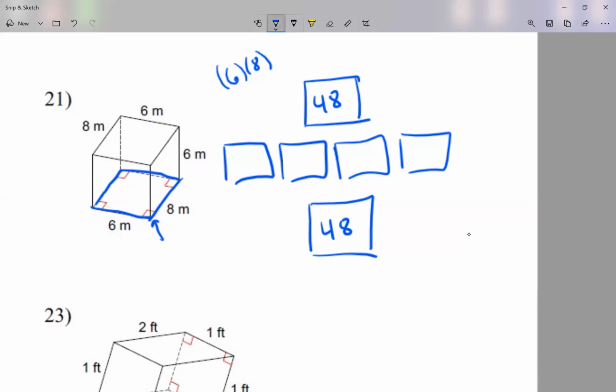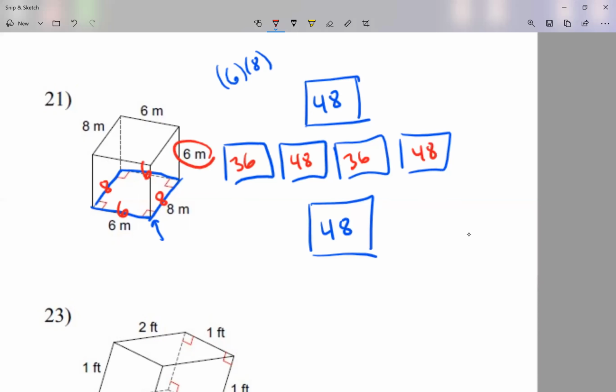For my rectangles in the center, I must know the measurements of the sides of my base, which are 6, 8, 6, and 8. Let me find the height of the solid, the number that has nothing to do with my bases, which in this case is 6. I'm gonna multiply 6 times each side. So 6 times 6, 6 times 8, 6 times 6, and 6 times 8.